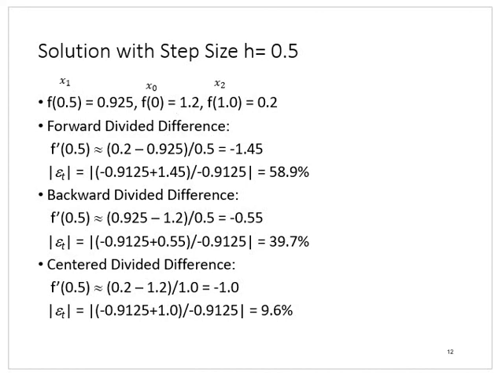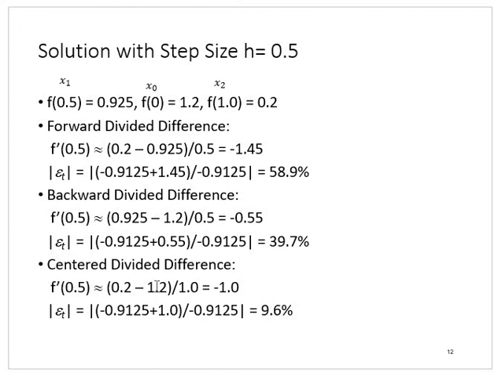So the forward divided difference formula, f prime, will be given by substituting these f values into your forward difference formula. This will be f of x2 minus f of x1, everything divided by 0.5, because you want to estimate the value of f of x1.